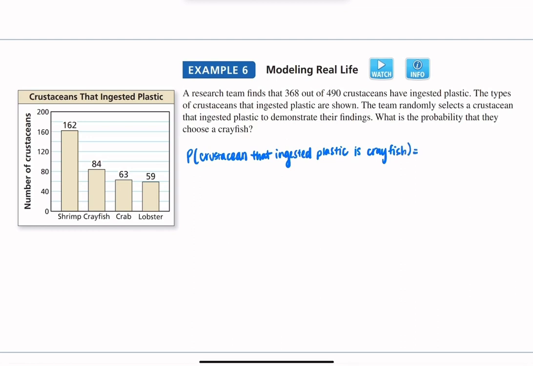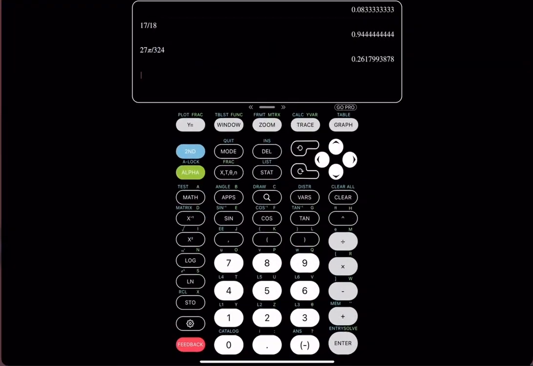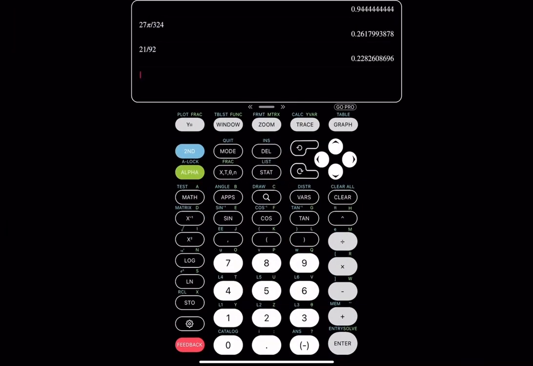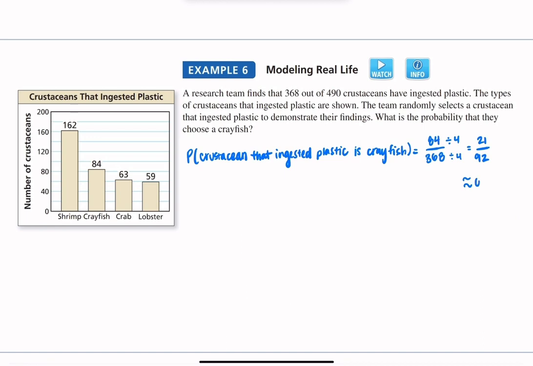Well, when I look at this, I have 84 crayfish out of the total 368 crustaceans, which I can simplify by dividing by 4. So 84 divided by 4 is 21 over 368 divided by 4 is 92. Or I can find the decimal, 21 over 92, about 0.228. Or I can say about 22.8%.